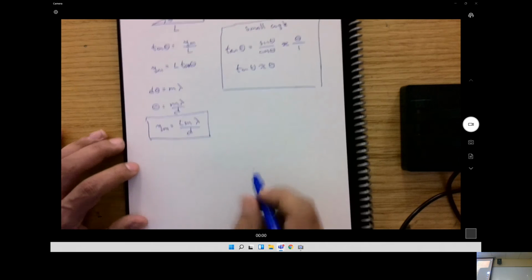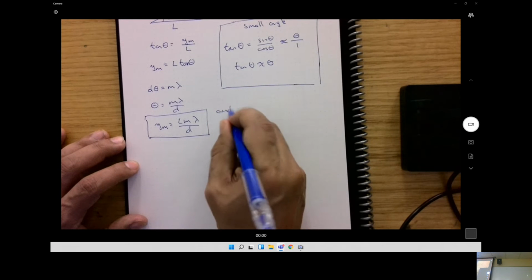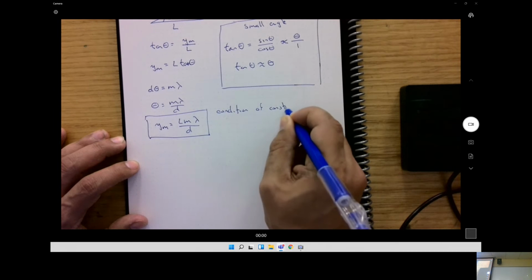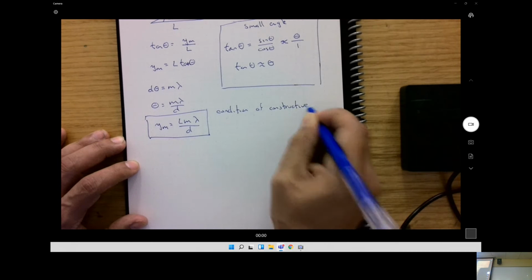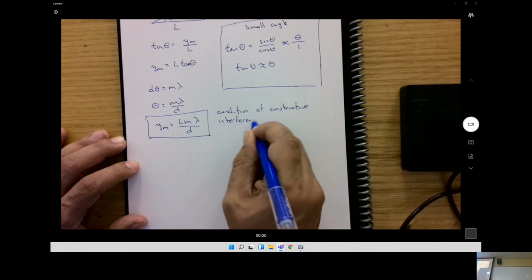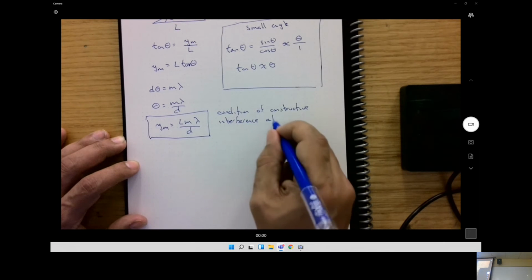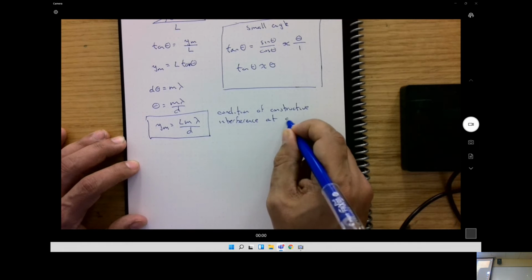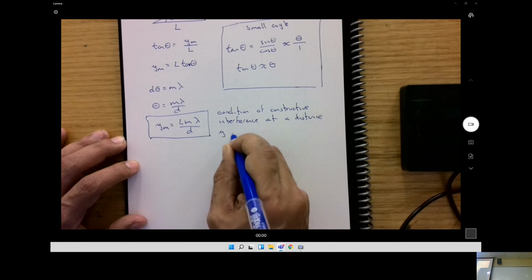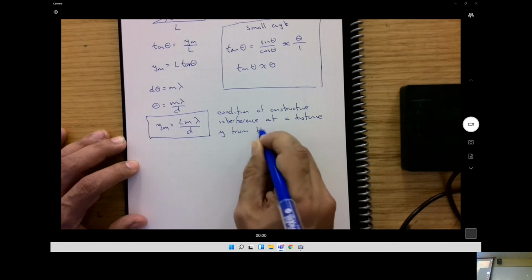And this will be my condition for constructive interference at a distance y from the optical axis.